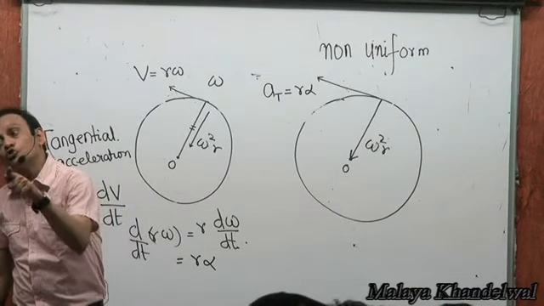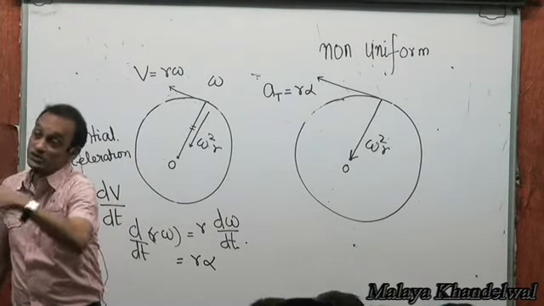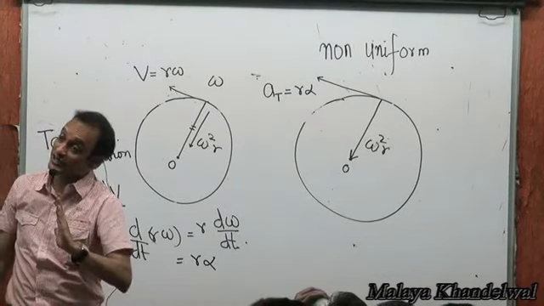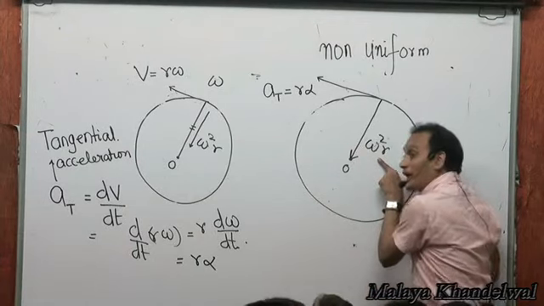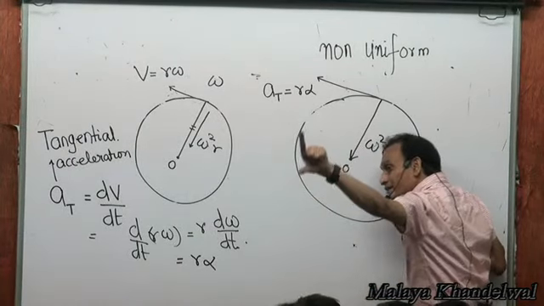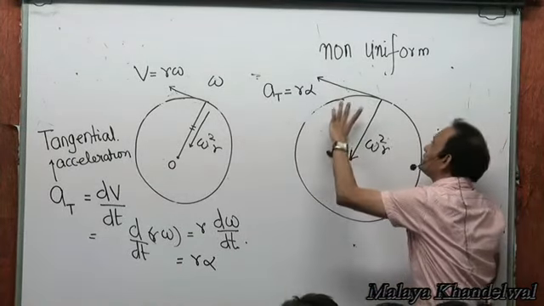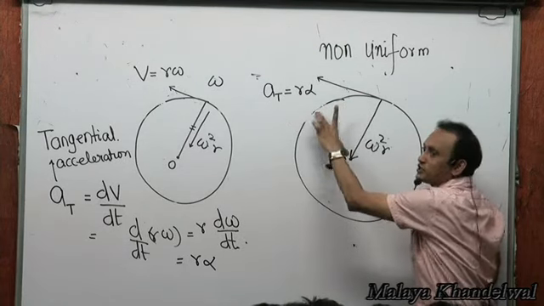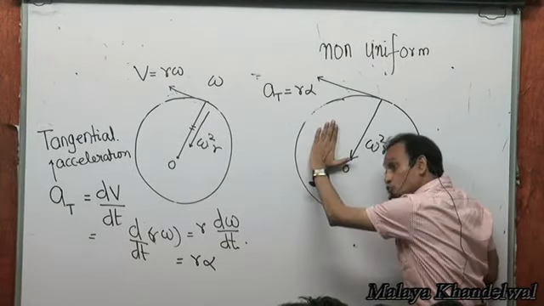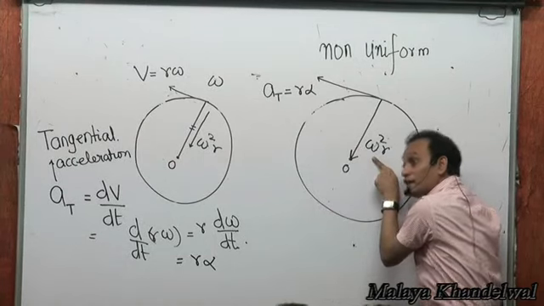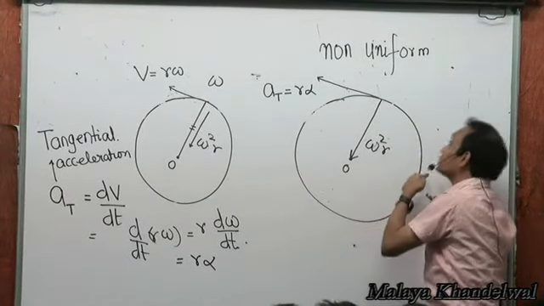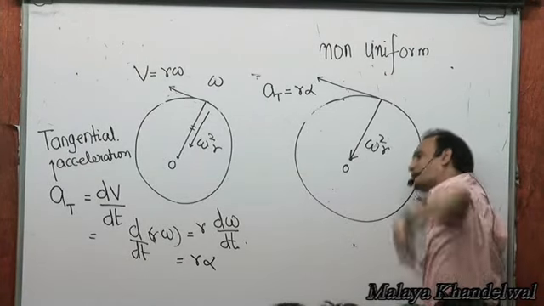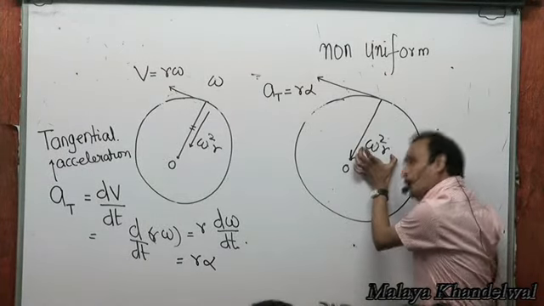Even if the motion is non-uniform circular, you will still have to change the direction of the velocity in exactly the same way, and therefore the job of omega squared r remains the same. No matter what the magnitude of the linear speed is, its only job is to change the direction. So this will not change.